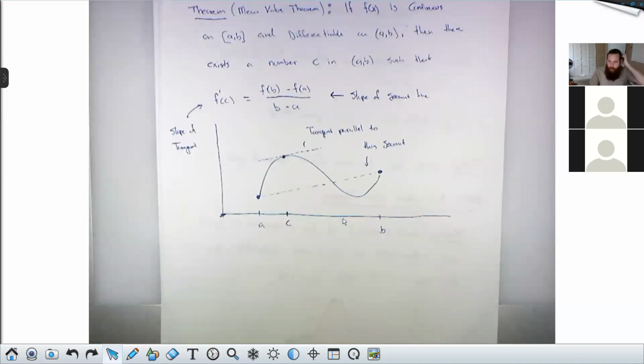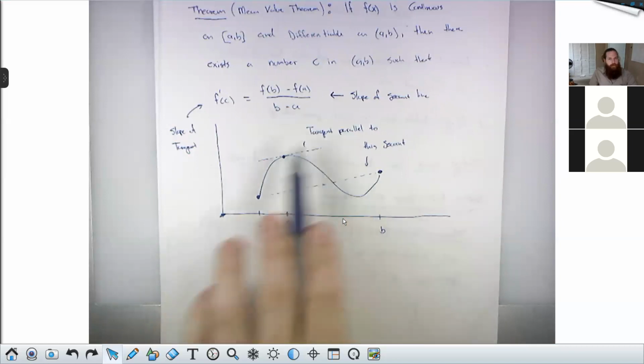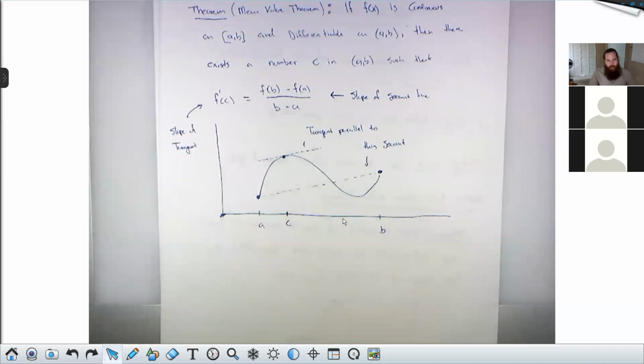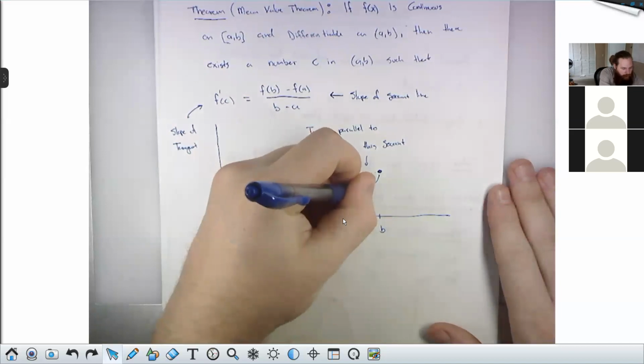So if you know the average rate of change, you can be guaranteed the existence of a point where the instantaneous rate of change, the derivative is an instantaneous rate of change, is equal to that average rate of change. And again, here, as I've drawn it, there's more than one such point. It looks like there would be another one right here.